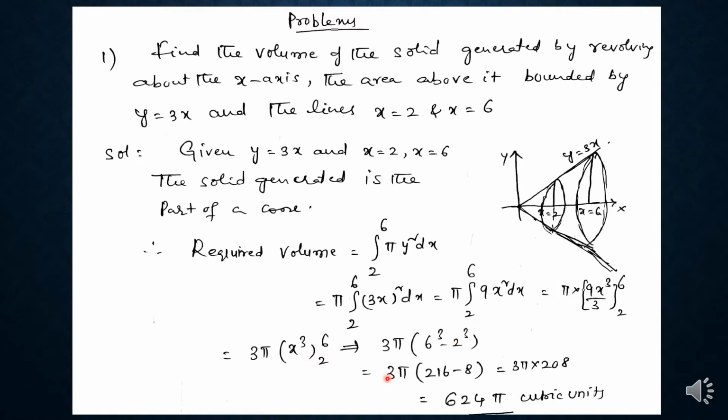That is 3 pi into 216 minus 8, that is 3 pi into 208, that is 624 pi cubic units. So this is the volume we are finding, so we should write the units as cubic units.